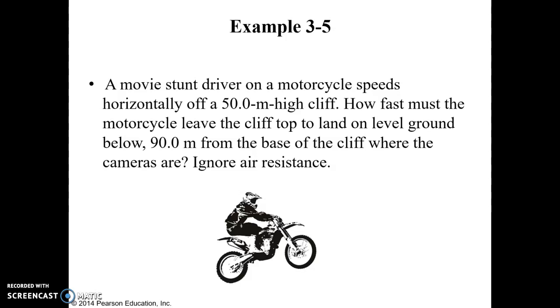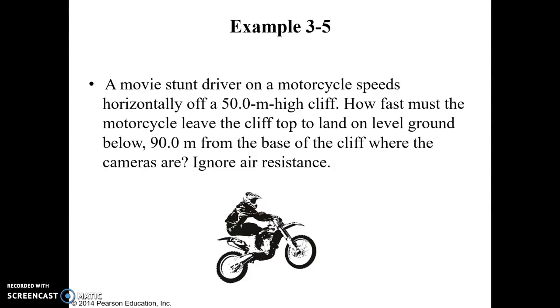So in this example we have a stunt driver that's going to drive a motorcycle off of a 50-meter high cliff, and the initial velocity is entirely horizontal, so he's not going up a ramp, just straight off a cliff horizontally, and is going to land on the ground below 90 meters away from the base of the vertical cliff. We're going to ignore air resistance. We need to know how fast he needs to be going in order to achieve this.